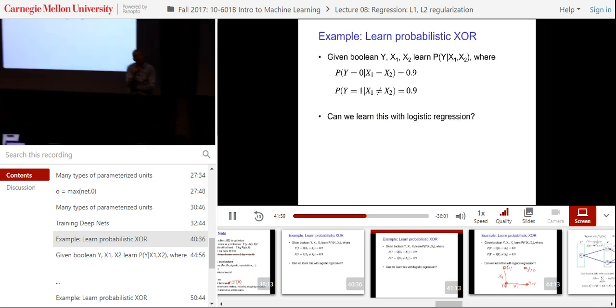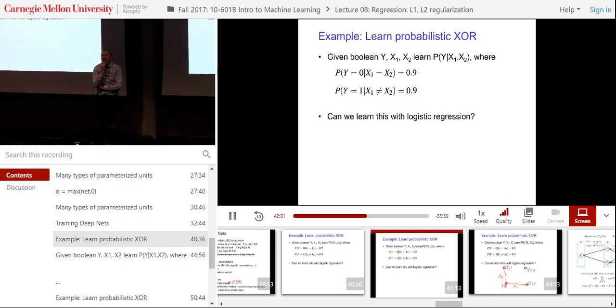So you could think of this as a probabilistic version of an exclusive OR. If I have two inputs, the output of an exclusive OR function is 1 if either one of my inputs is 1. But if they're both 0 or both 1, then the output is a 0.